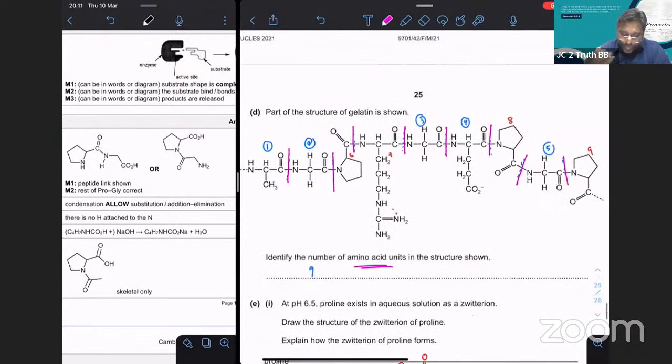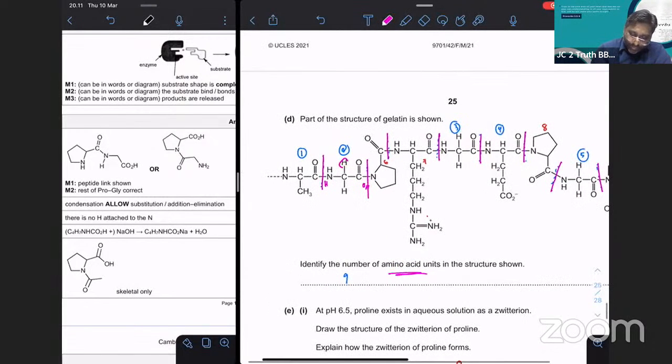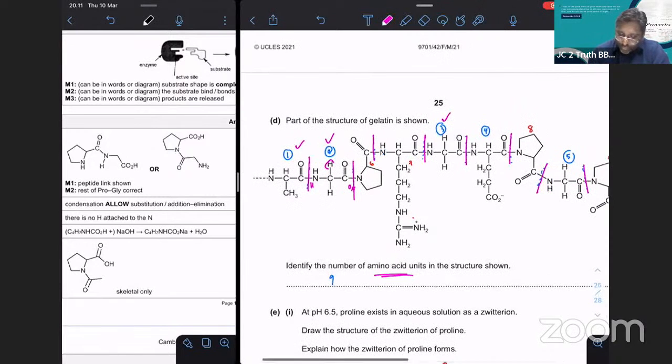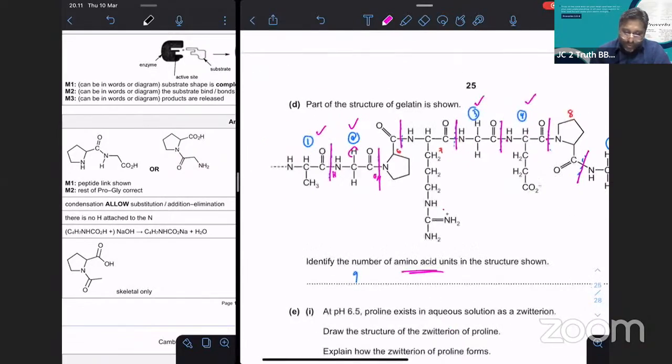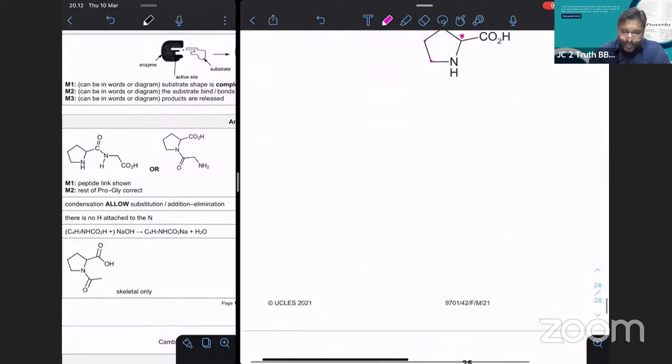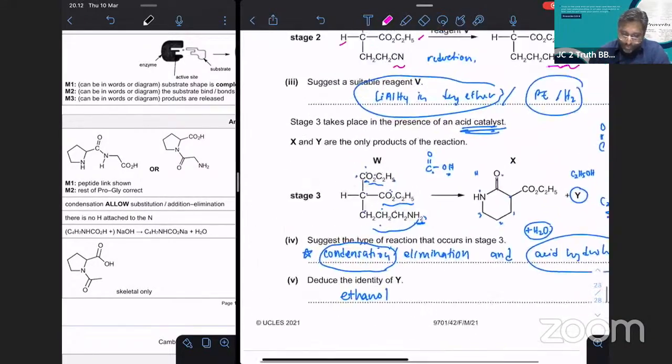Now the one that we confirm is amino acid, because this one is OH, this one NH2, you see H and R. So it's the same also, this is also amino acid, no problem. Amino acid: COOH, NH2, 1 R group, 1 H. The one that is in blue, no problem. But do remember, just now I told you to take note of this structure, proline.